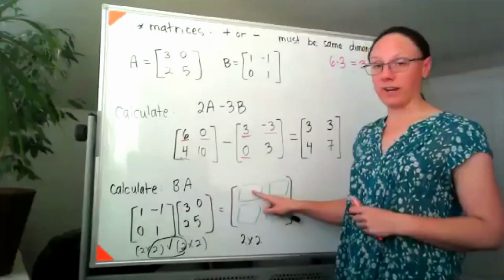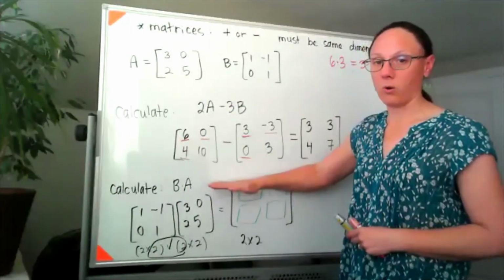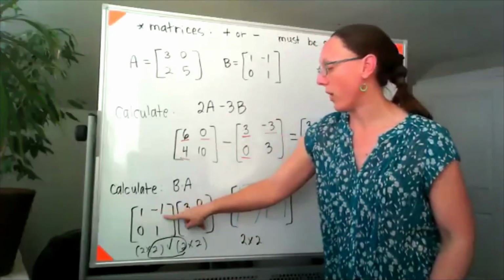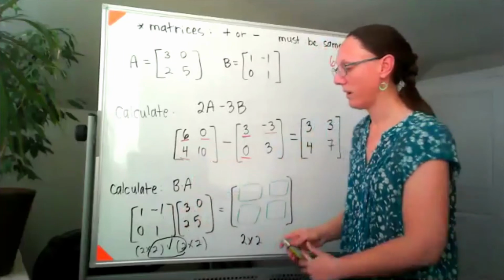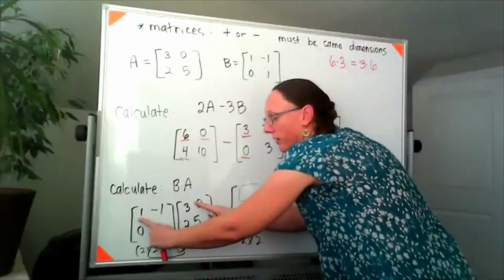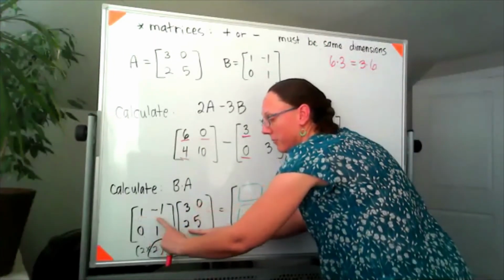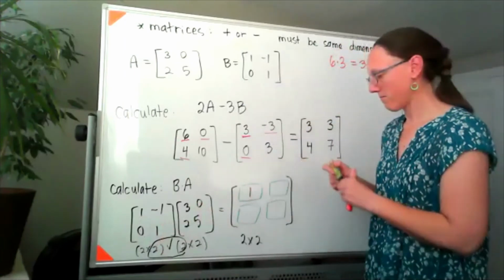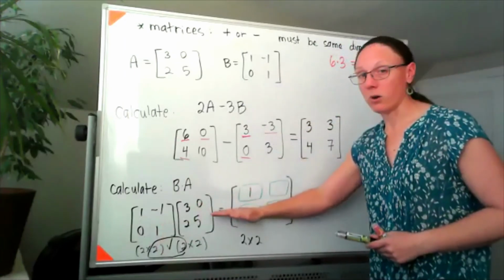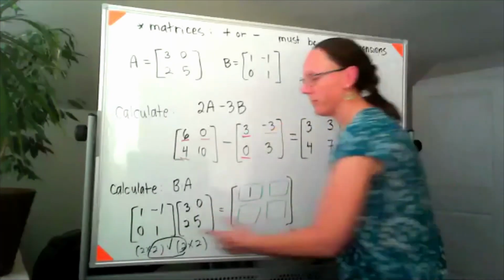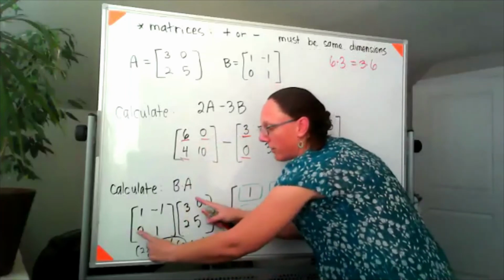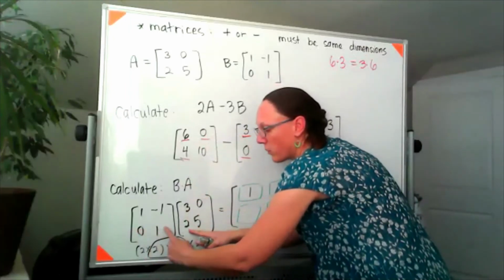So this entry is in row 1, column 1. So I'm going to take row 1 times column 1. So I'll have 3 plus negative 2. This entry is in row 2, column 1. So I need row 2 times column 1. I'll have 0 times 3 plus 1 times 2.